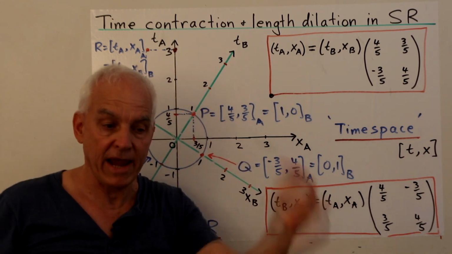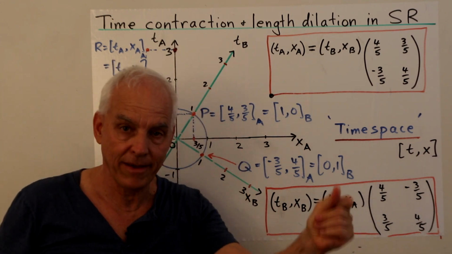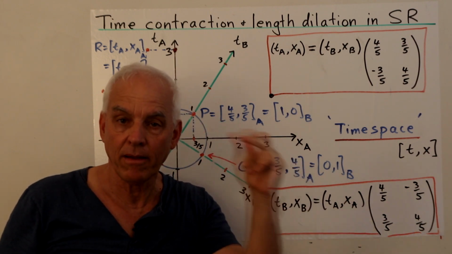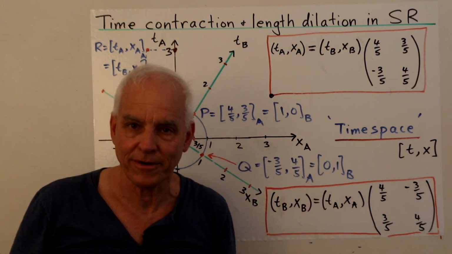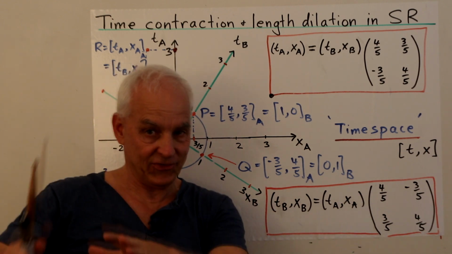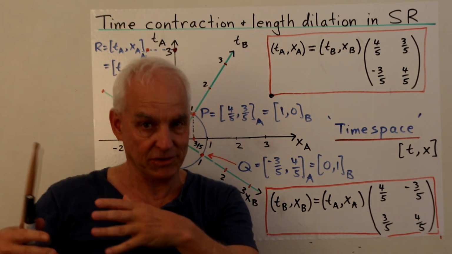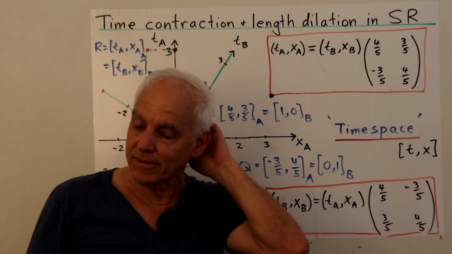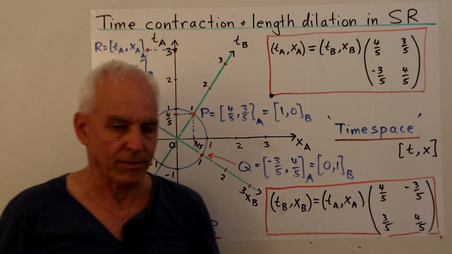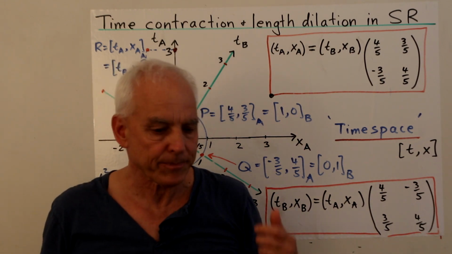So A's clock is going like this, and A is listening to B and hearing something faster. Okay? So that's actually the opposite of what happens in the familiar special relativity story. There, that situation is called time dilation, so it's reasonable to call this time contraction.